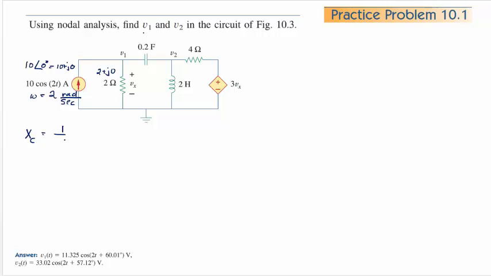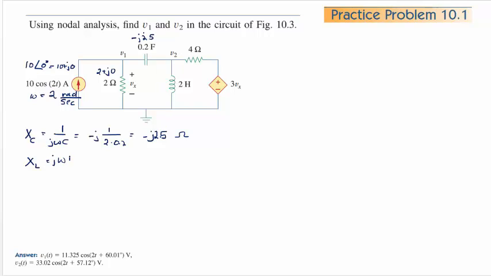So 1 over j omega C, which is minus j over omega C, where omega is 2 and C is 0.2, so that ends up being minus j 2.5 ohms.